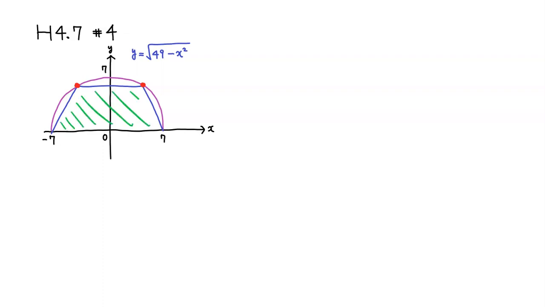All right, so we know how to find the area of a trapezoid, which is equal to 1/2. The top base, we're going to call this x here. It's symmetric, so this is negative x, so the top base is 2x. Plus the bottom, which is from negative 7 to positive 7, so it's 14.